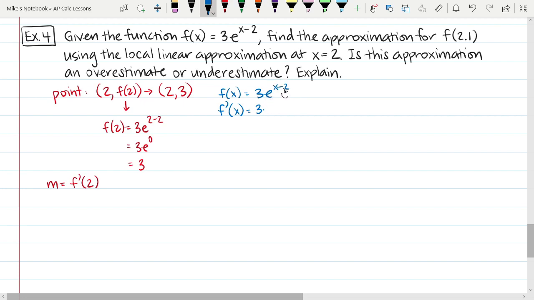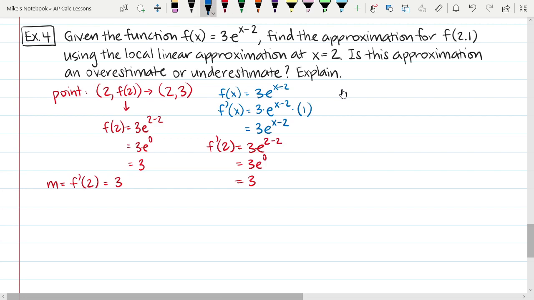Now this is not just e to the x, it's e to the u, so the derivative of e to the u is e to the u times the derivative of u. So our derivative actually turns out to be exactly the same thing. So that means f prime of 2 is just going to be what we just did on f of 2. So this is going to be 3e to the 0, which is just 3.